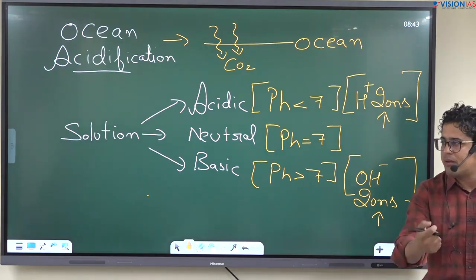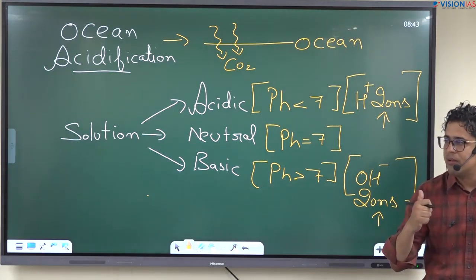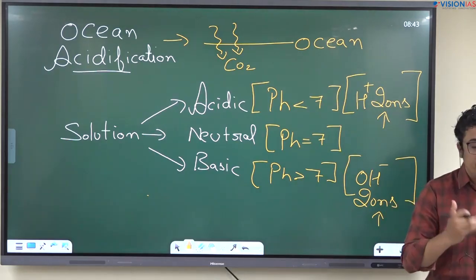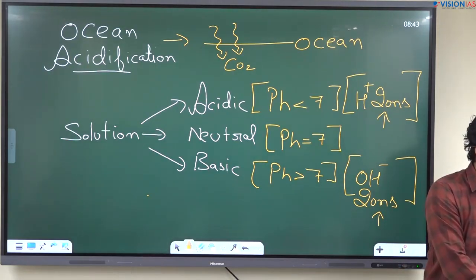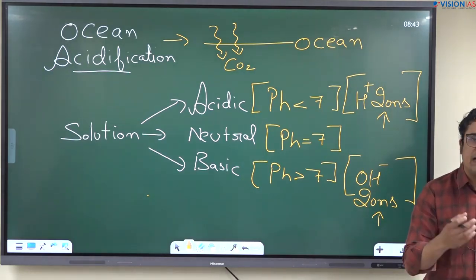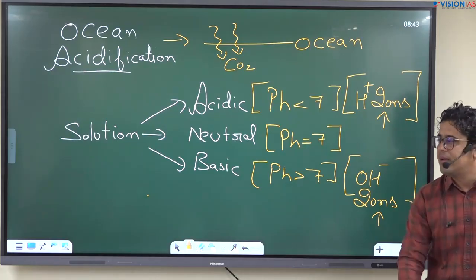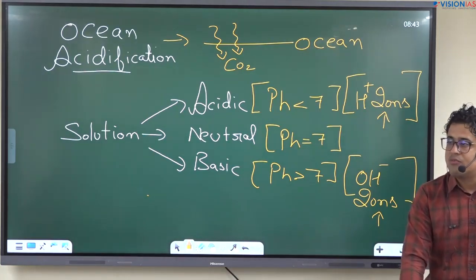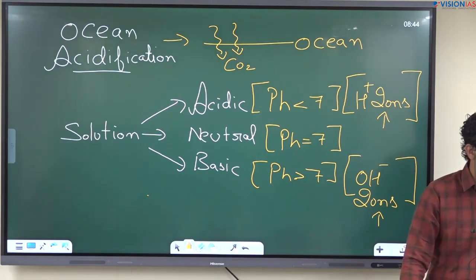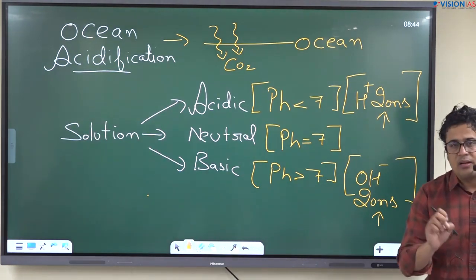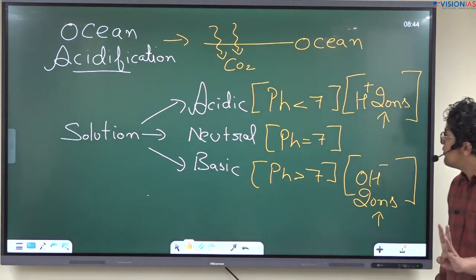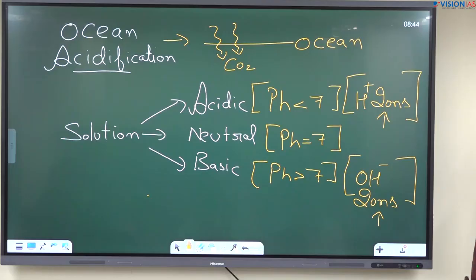We release more carbon, the ocean will absorb more carbon because the ocean is trying to balance things. And this is the reason they are becoming acidic. They are absorbing carbon dioxide beyond their capacity. And this carbon dioxide is making them acidic. Okay. Read the first three lines, point number 6.